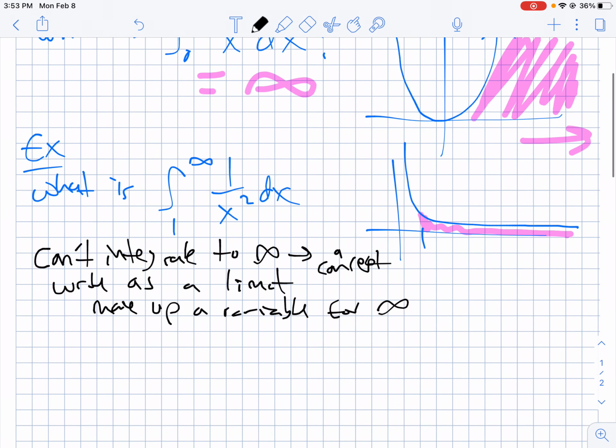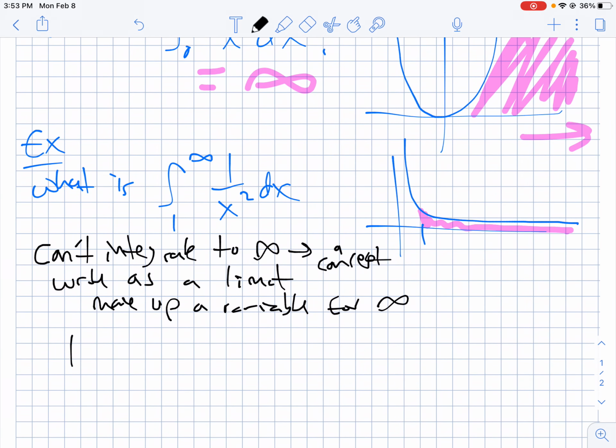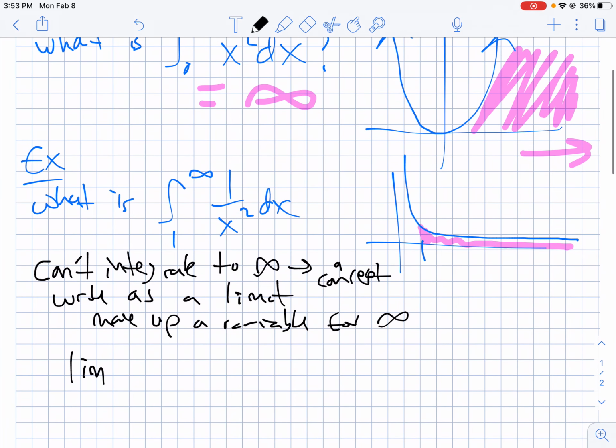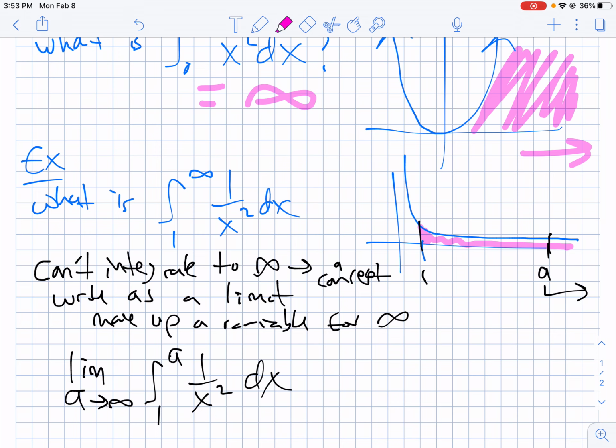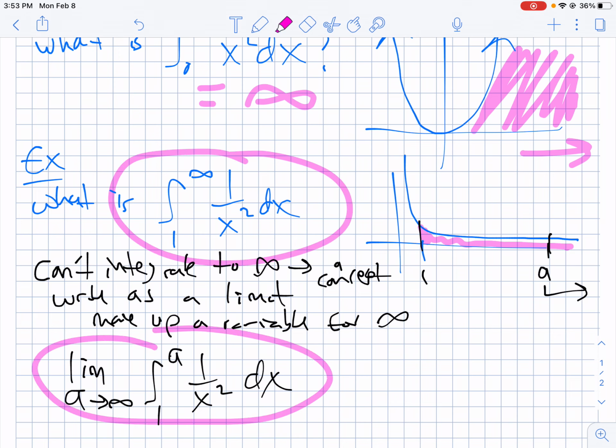So just pick your favorite letter. I'll pick A because that's the kind of grade we all want to get. So we're going to take a limit as A goes to infinity of the integral from 1 to A of 1 over x squared. So we go from 1 to A and ask ourselves, what is the area between those 2 points as that A just goes infinitely far over to the right. And hopefully you can see that this limit is identical to that integral that we want to find.